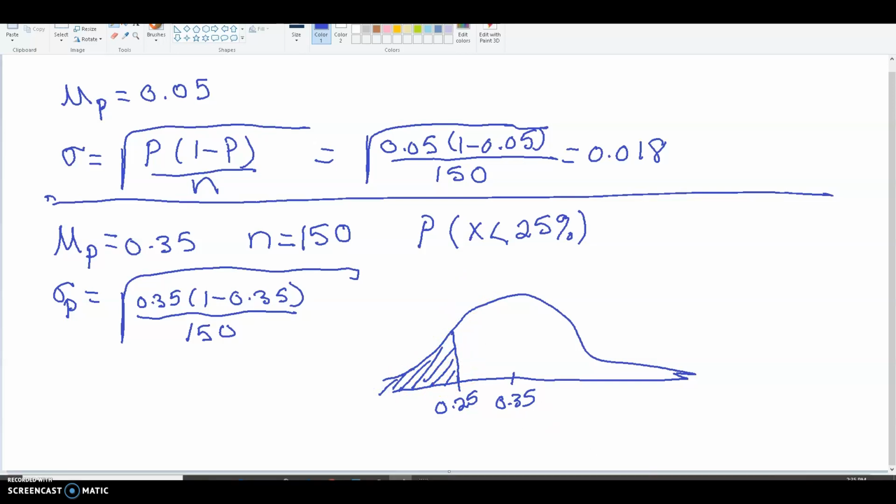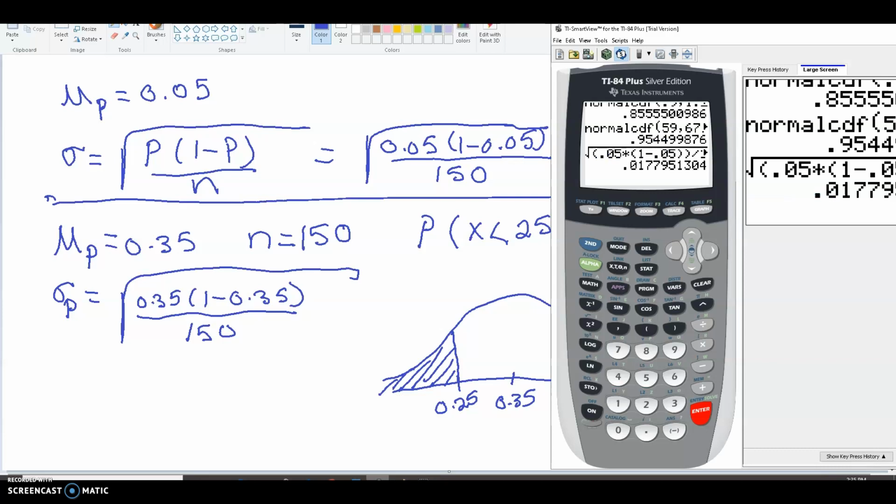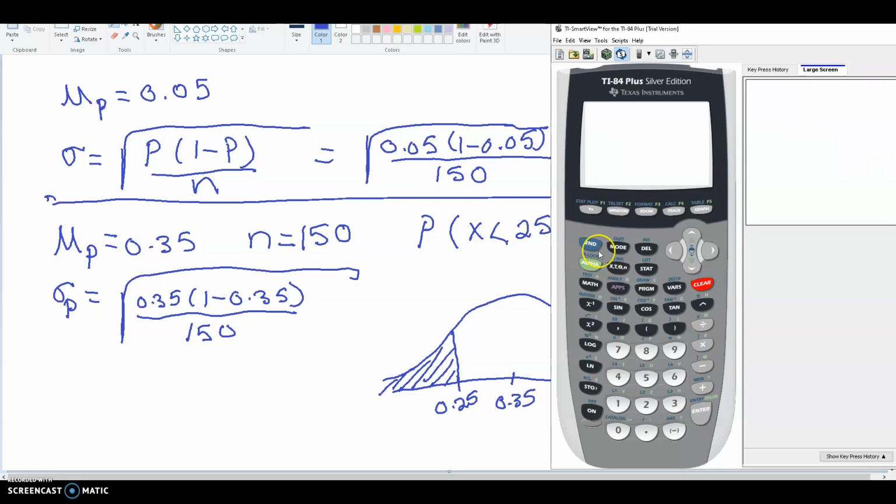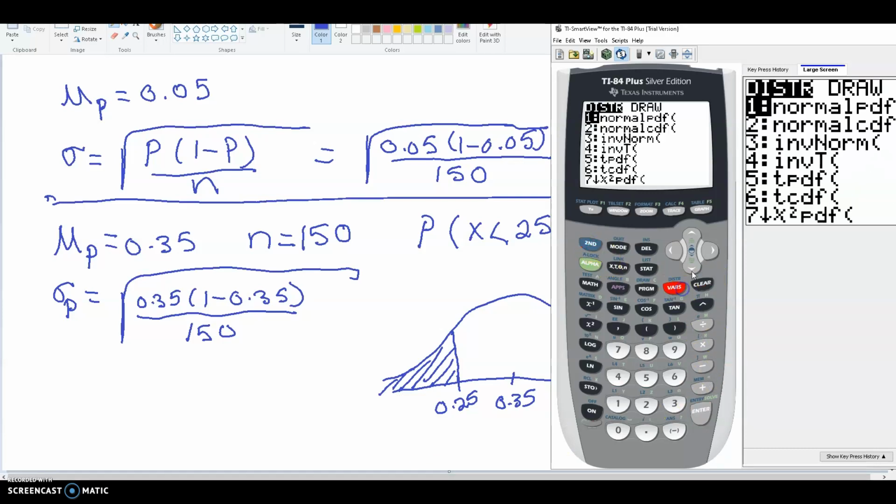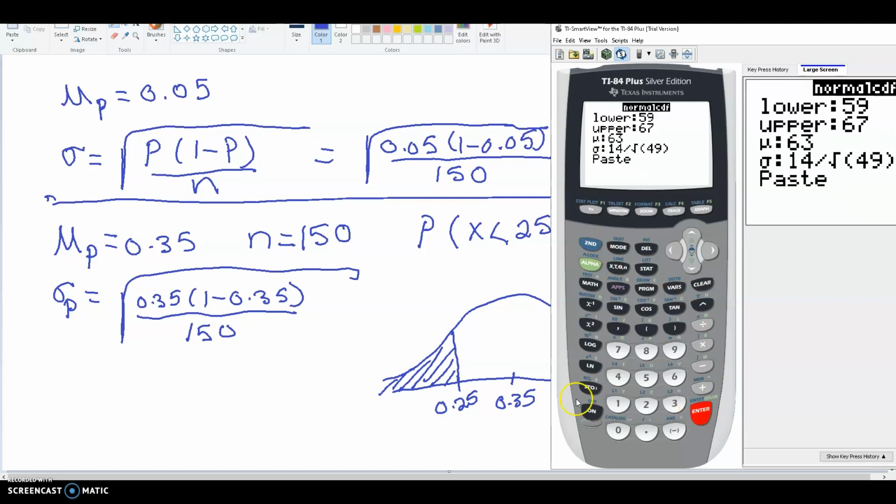This again is just a normal distribution problem, so we can go right to our calculator. Again, we're going to do second distribution, normal CDF. Our lower bound here is negative infinity. If you remember from chapter 8, for negative infinity we can just do negative 9999999, just a bunch of nines, and that'll suffice for infinity. The upper bound is going to be 0.25.